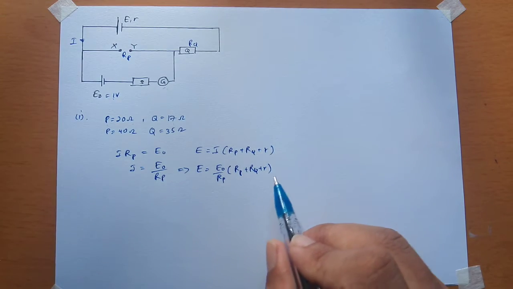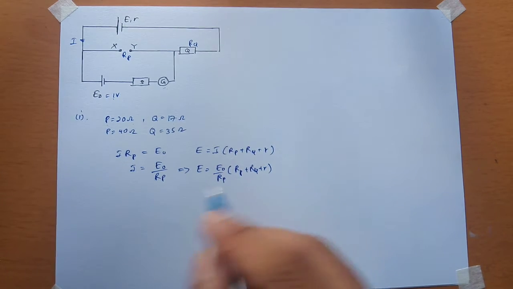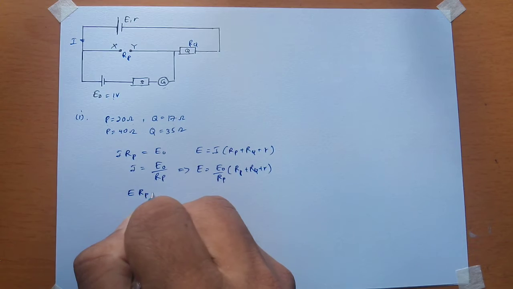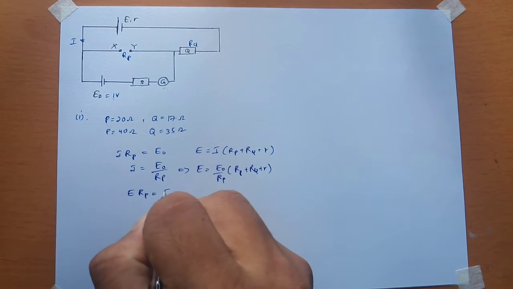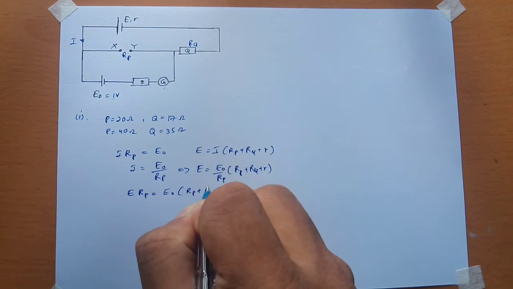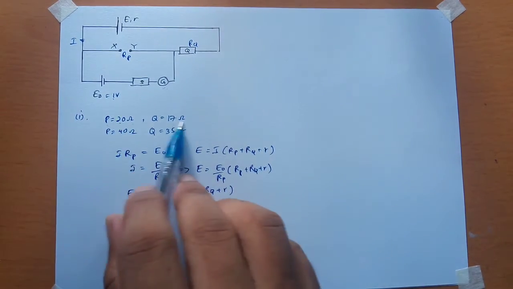So I take this equation: E into RP equals E0 into (RP plus RQ plus r). Now let's put in these values.